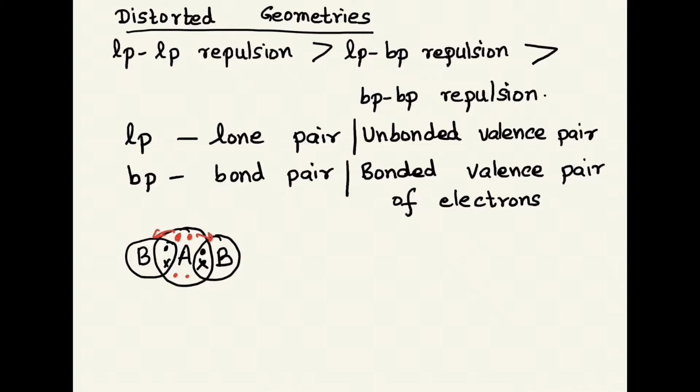And by the way, this lone pair is so unaccommodating that it doesn't get along well with the other lone pair as well. So the repulsion between two lone pairs is the highest, followed by the repulsion between a lone pair and a bond pair of electrons. And the least, the most timid ones, are the bond pairs.